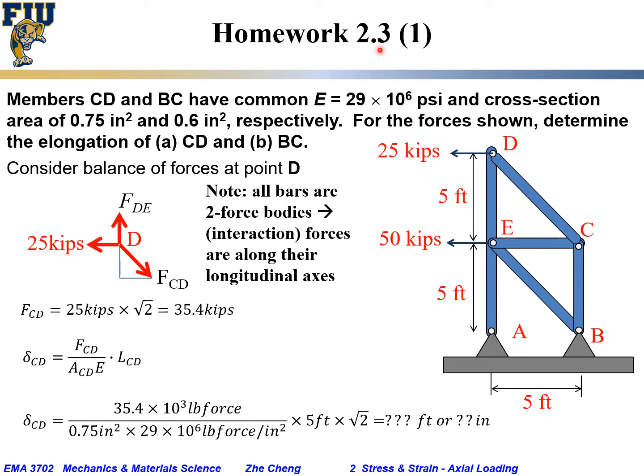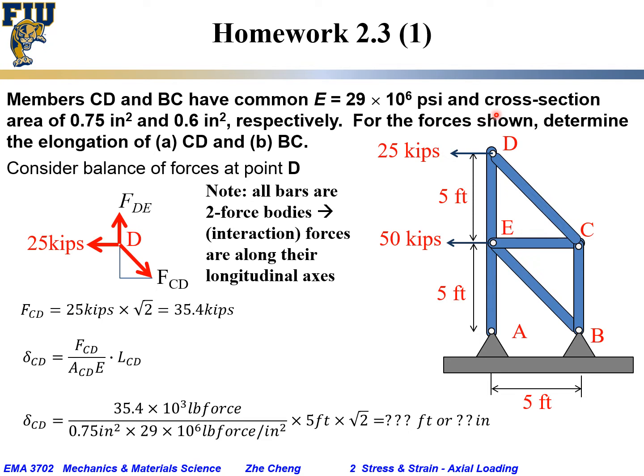Problem 2.3. We have a truss. The members CD and BC are made of the same material with a common E for elastic modulus, or Young's modulus, of 29 times 10 to the power of 6 psi, pound per square inch.